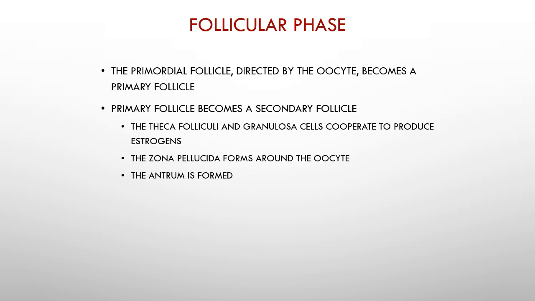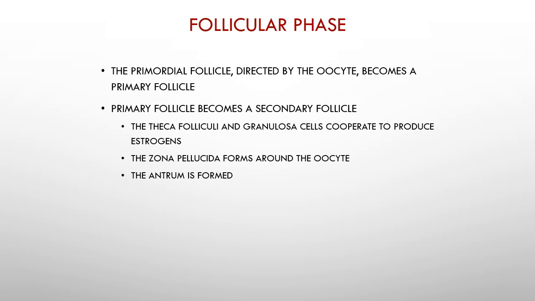Back in the last video, we talked a little bit about the production of those follicles and the changes that happen there. With the primary follicle, we said that we get a couple layers of cells. So we go from the primordial follicle into the primary follicle, and now we have a couple of layers of cells.